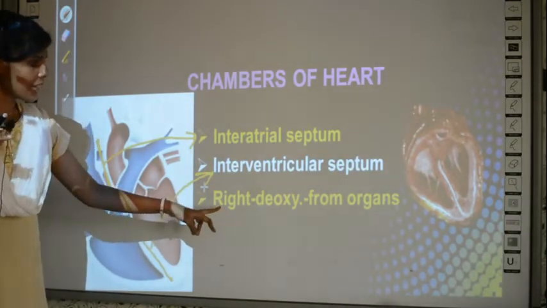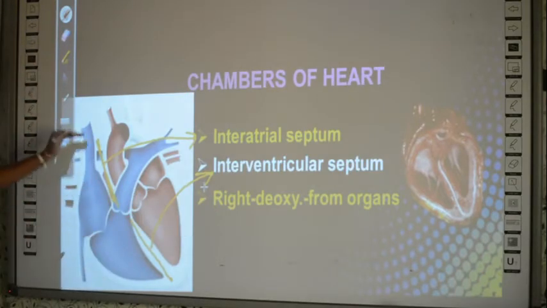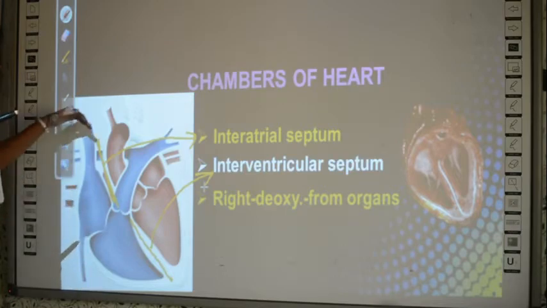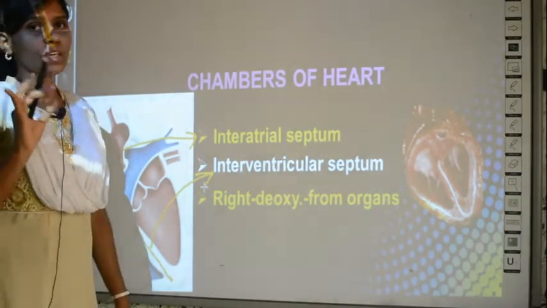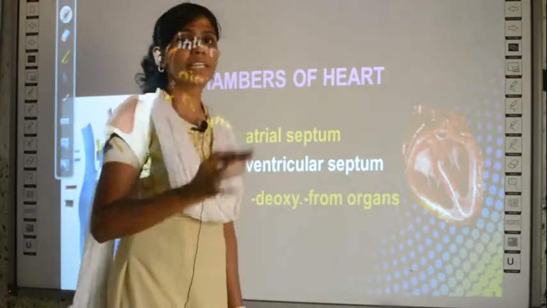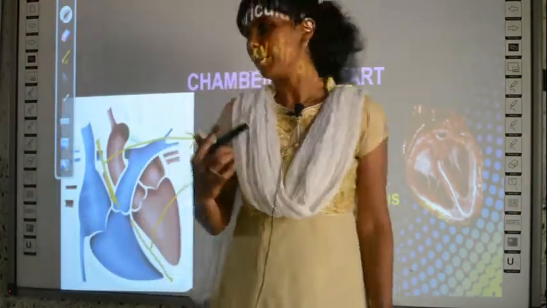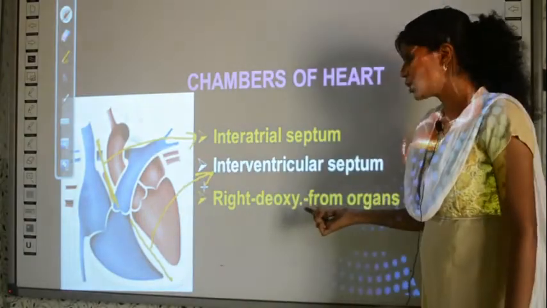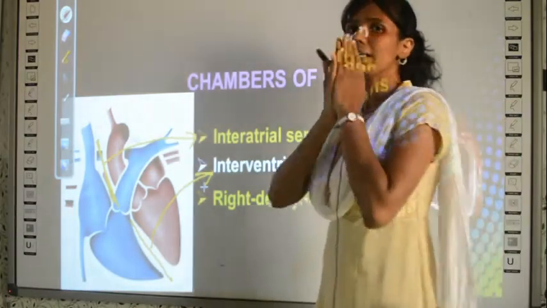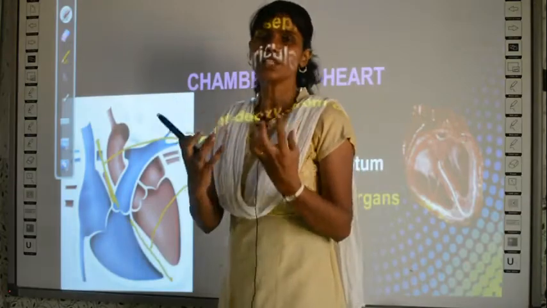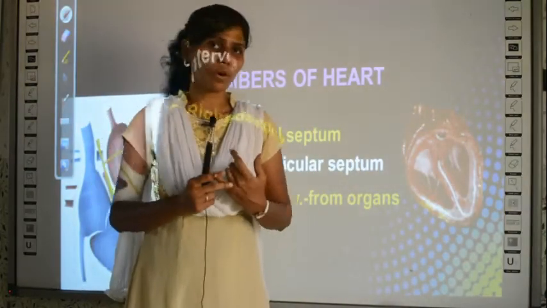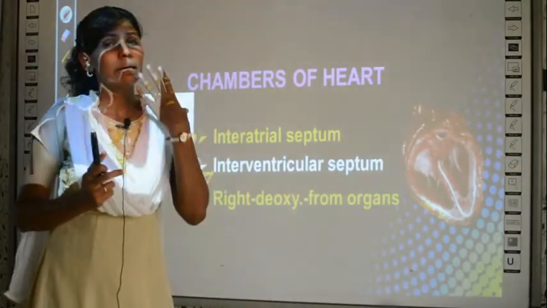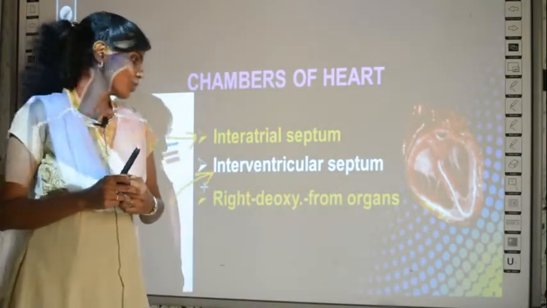And then the right side, the one shaded in blue color, right? The blue region will always have bad blood. What is bad blood? Technically it is called deoxygenated blood, because it lacks oxygen. The presence of oxygen in blood is called good blood. When you don't have proper oxygen in your blood, it is called bad blood or deoxygenated blood.